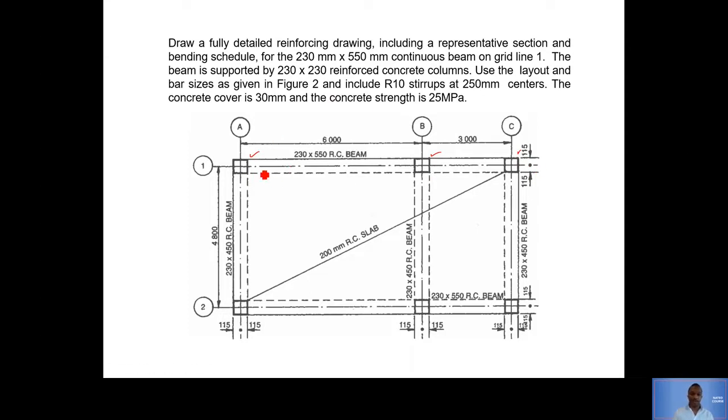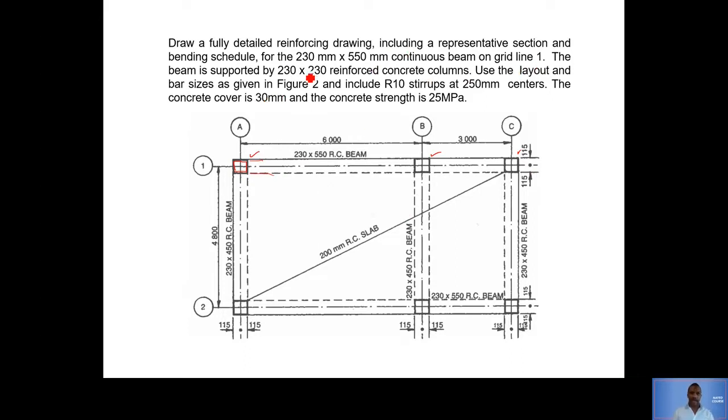And that is why it's been labeled 230 by 550, reinforcing is going on top of that. Remember, this is a top view, so we can see that support there, that this is a column right over there. Then on top of the column, you have the beam continuous going that way.